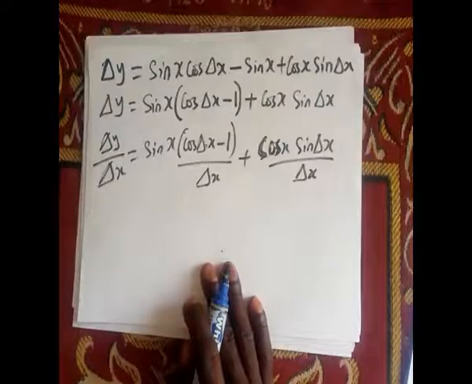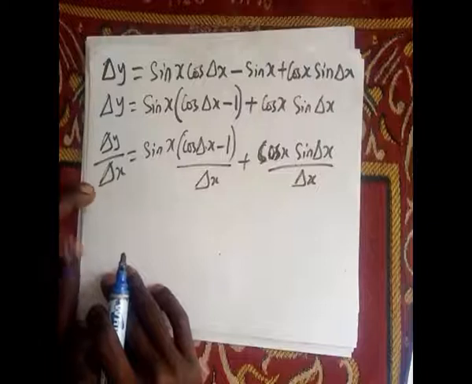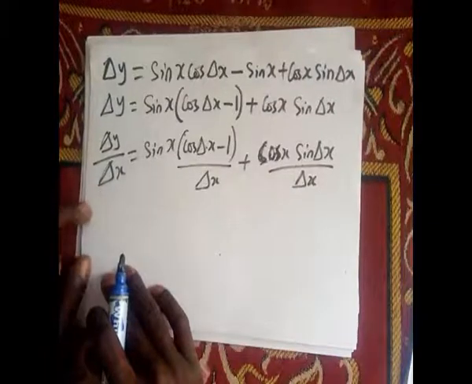Since we are finding a derivative, which is dy by dx, we have to find the limit as delta x approaches 0.